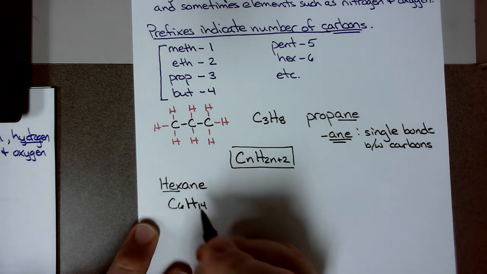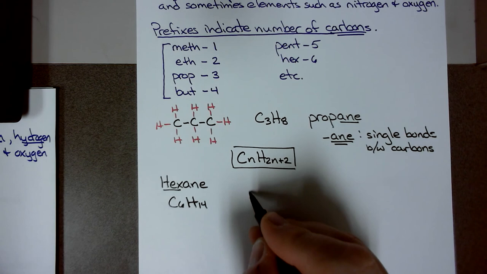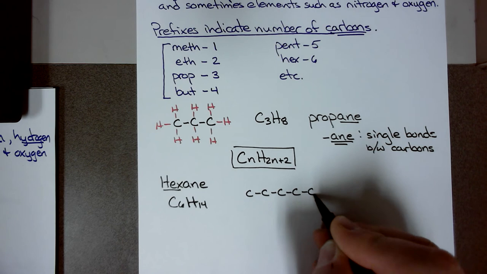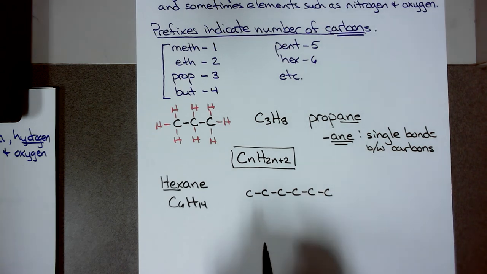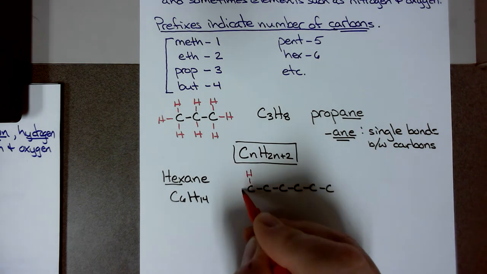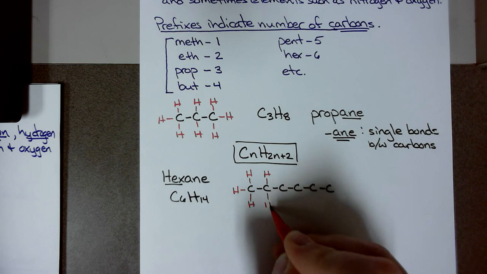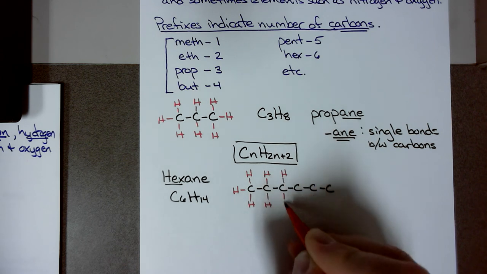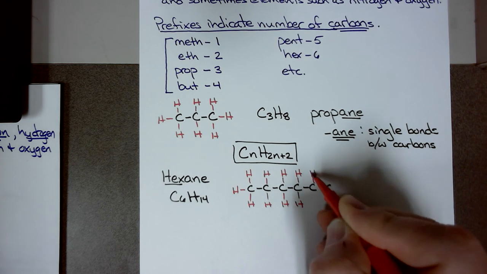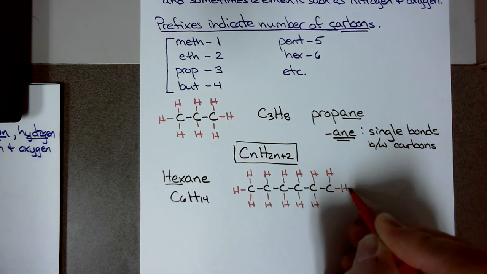And let's see how that works if we actually draw out the molecule. So we'd have 1, 2, 3, 4, 5, 6 carbons, and then 1, 2, 3, 4, 5, 6, 7, 8, 9, 10, 11, 12, 13, 14.